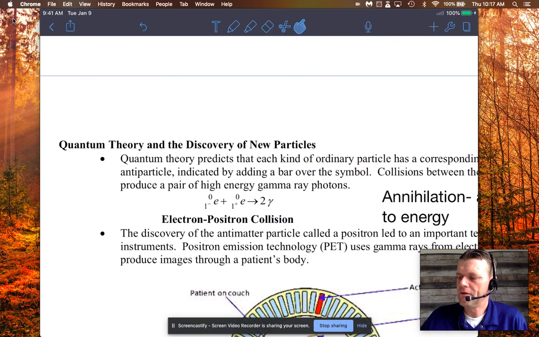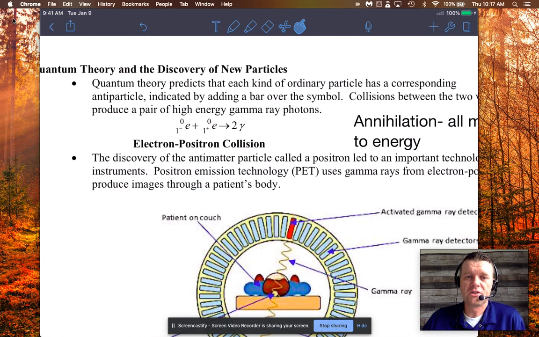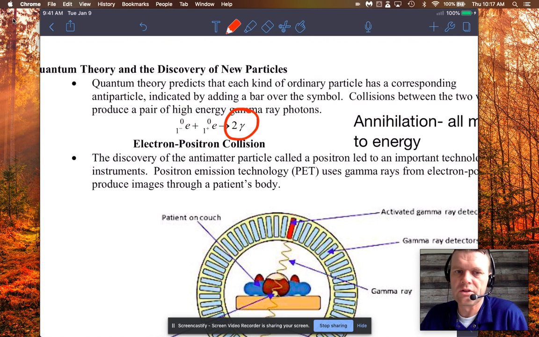In the video, if you watched it as well, on what's called a PET scanner, this technology uses positrons that are introduced into the body and uses the principle of annihilation to detect the two gamma photons produced when an electron and a positron meet.